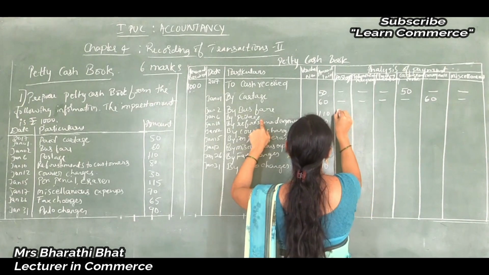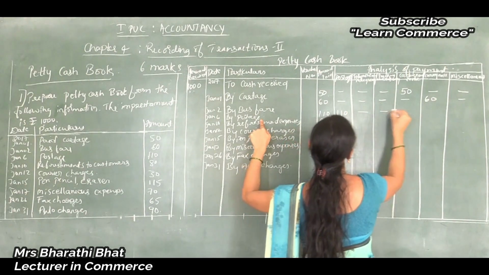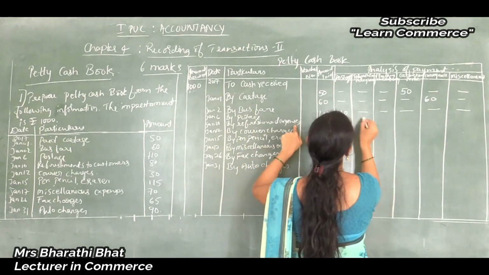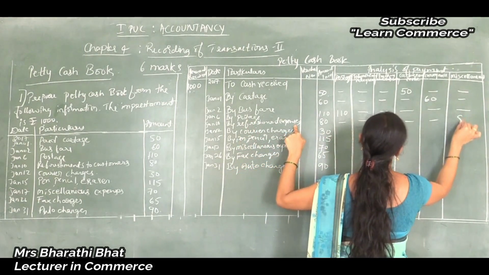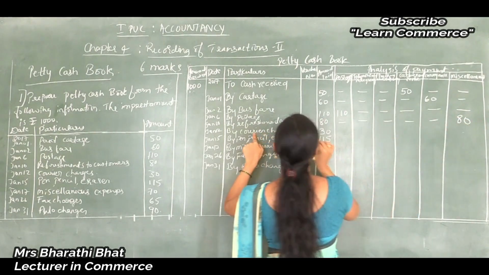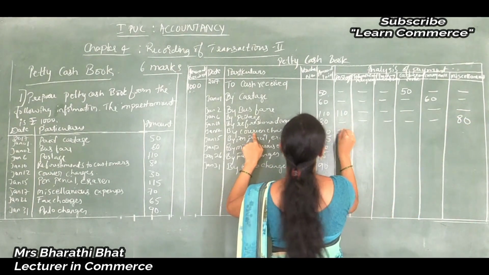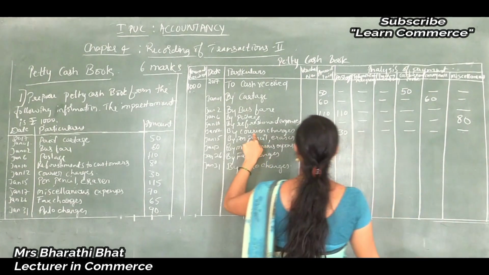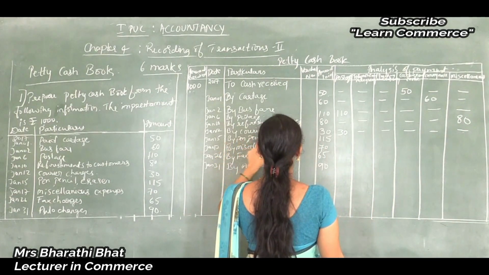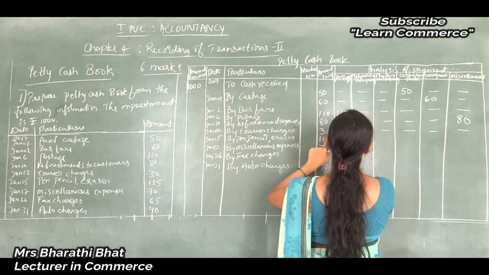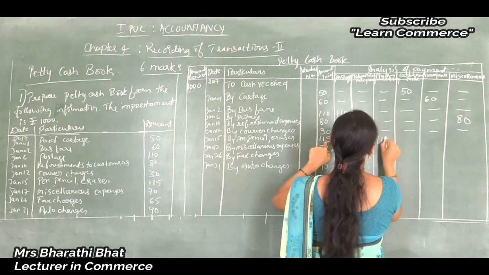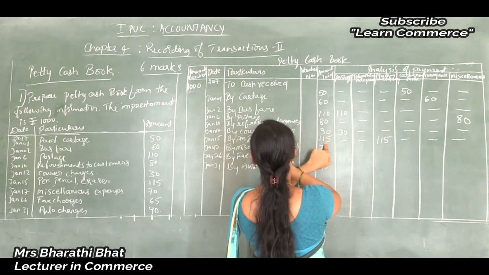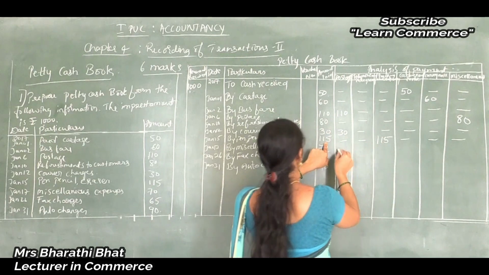Next postage, very simple, here only 110. The refreshment expenses come under miscellaneous. Courier charges 30 comes under postage, as courier service comes under postage. Jan 15, pen pencil eraser 115, printing and stationery, as these items are available in stationeries.